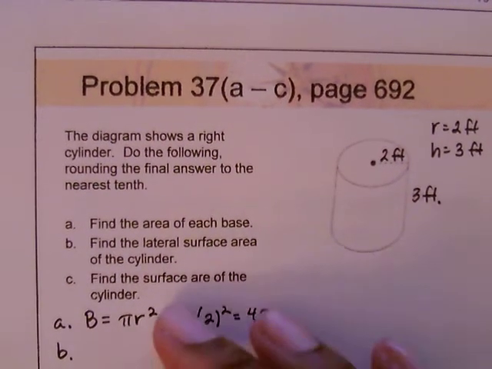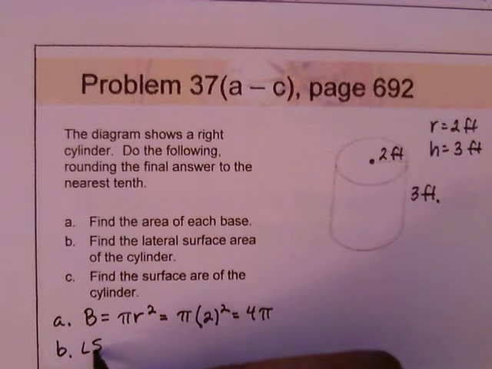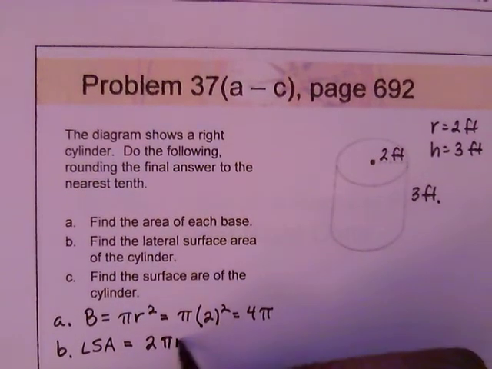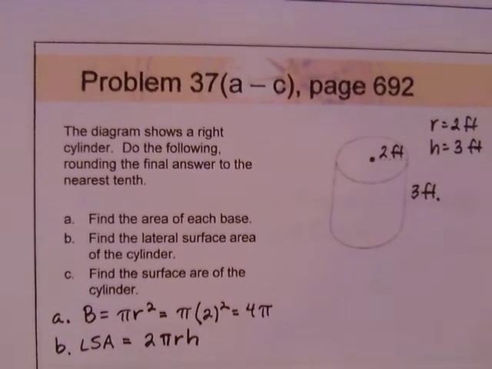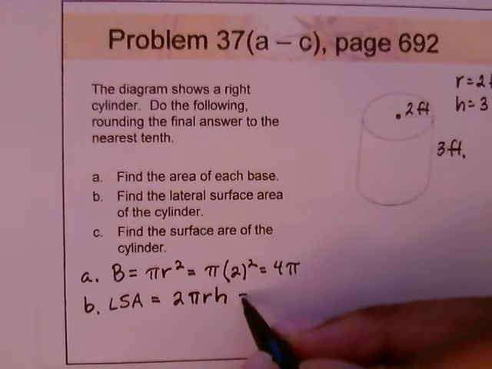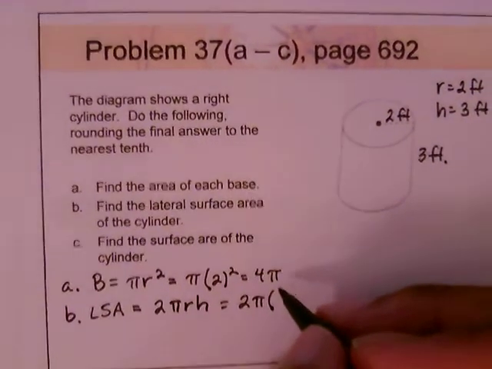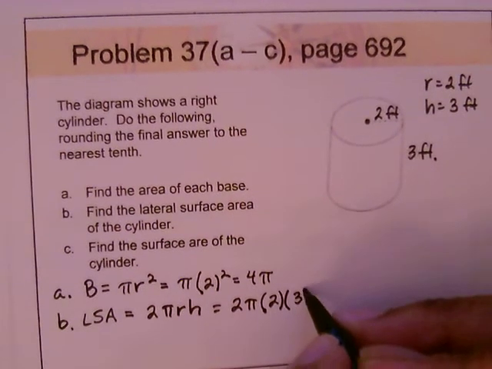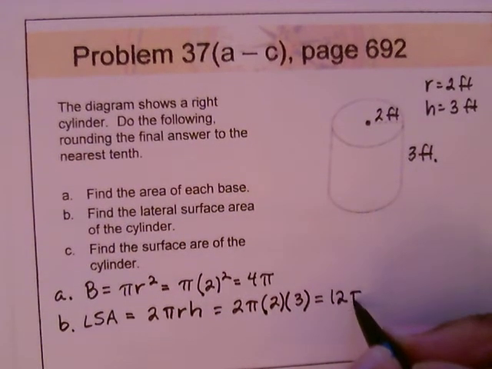Now, part B is finding the lateral surface area of the cylinder. The lateral surface area in a cylinder is 2 pi r times h. That's the second part of the surface area formula for a right circular cylinder. So this will be 2 pi times r. The radius is 2 feet. The height was 3 feet. So 2 times 2 is 4, times 3, this will be 12. I'm going to leave this as 12 pi.